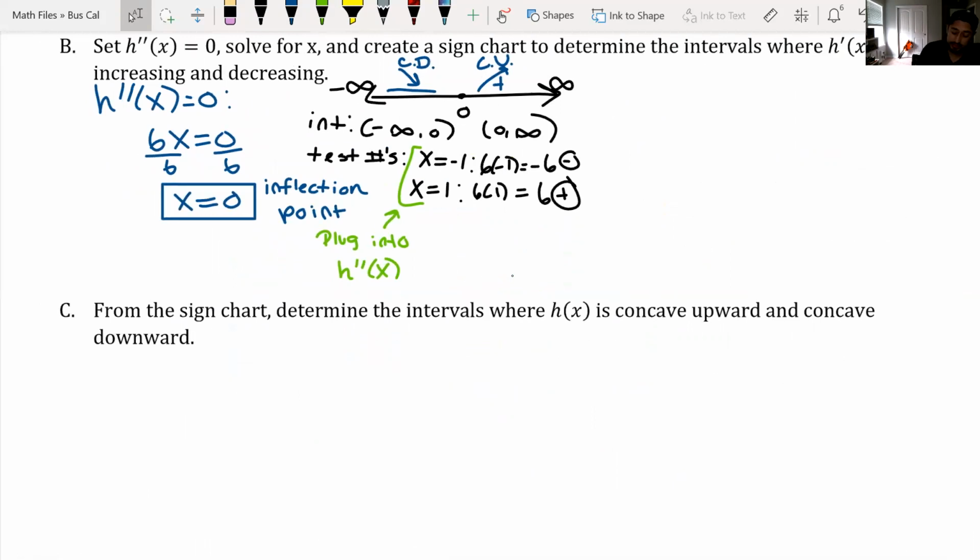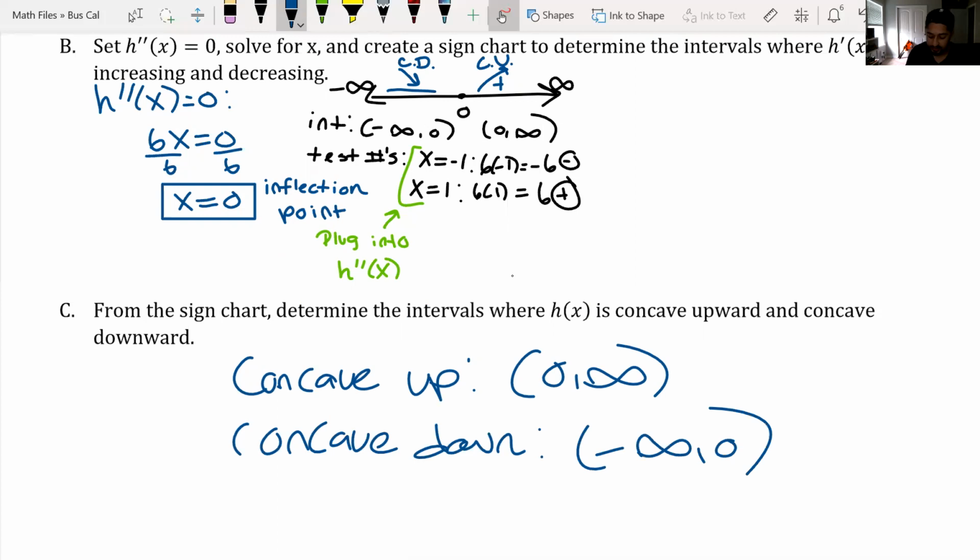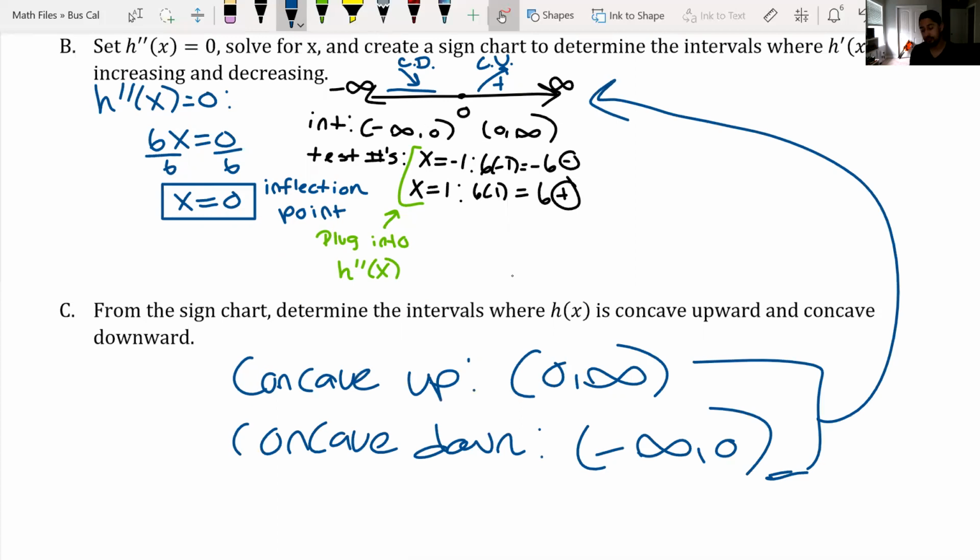And all we have to do is state the intervals. So we are concave up on 0 to infinity. And we are concave down on negative infinity to 0. And all of this is based on that sign chart.